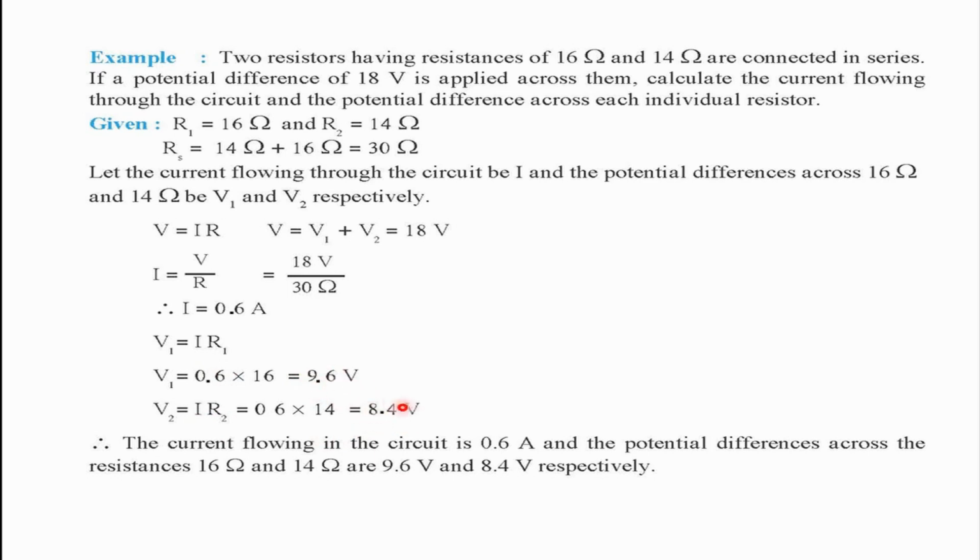When you add these together, you get 18 volt. So understood, the current flowing through the circuit will be 0.6 amp, and the potential difference individually will be 9.6 volt and 8.4 volt respectively.